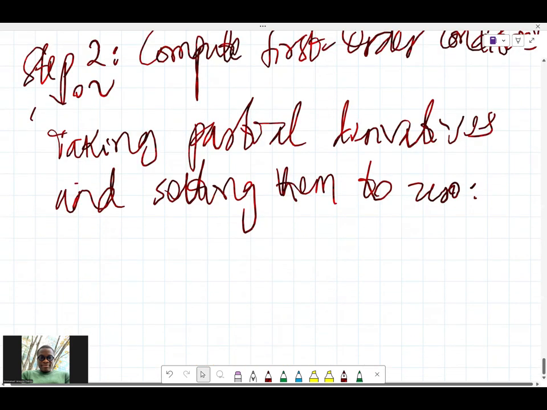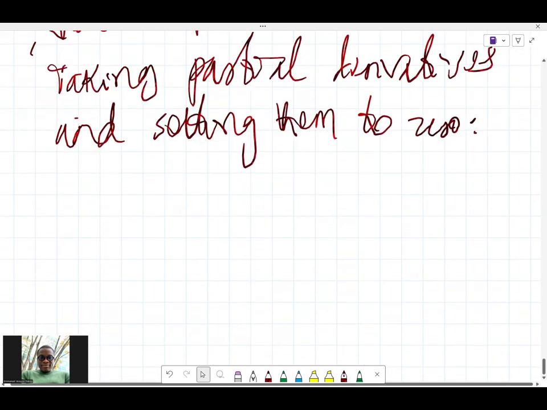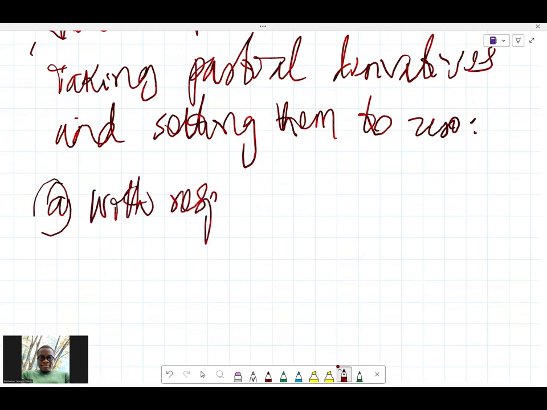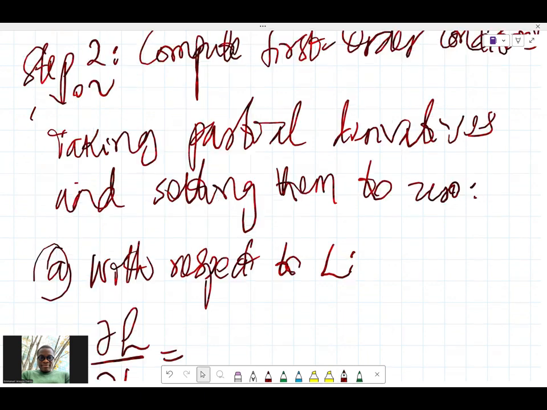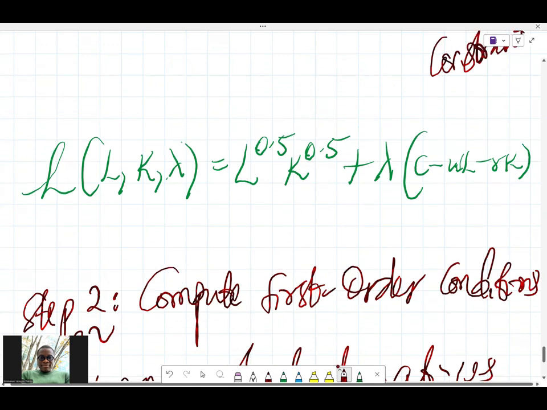So first thing, let me call that A. With respect to L, the first variable, we have partial Lagrangian, partial L equals, so if we differentiate this with respect to L, the power comes down, 0.5 L raised by 0.5 minus 1 times the constant, plus when you come here, L is only here, so you have lambda, you have minus W, right? Minus W.